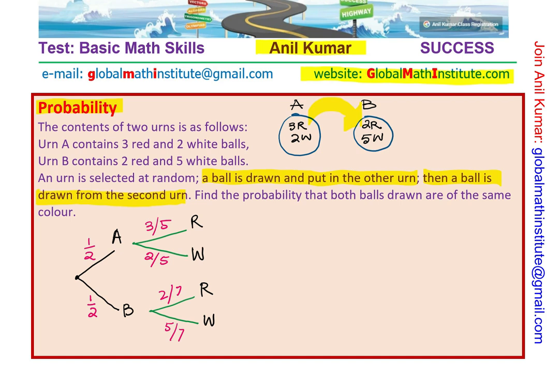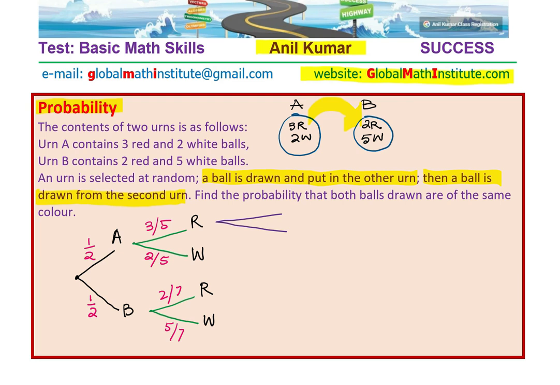So now what happens? In this case, you are drawing a ball from the second urn. If red was taken in the first case and added to B, then in B we have an additional red and 8 balls in all.